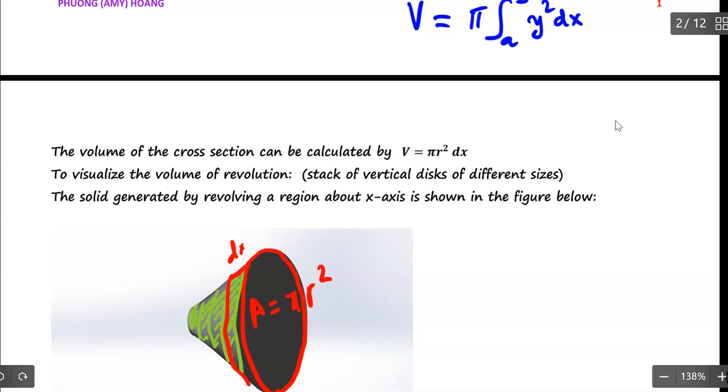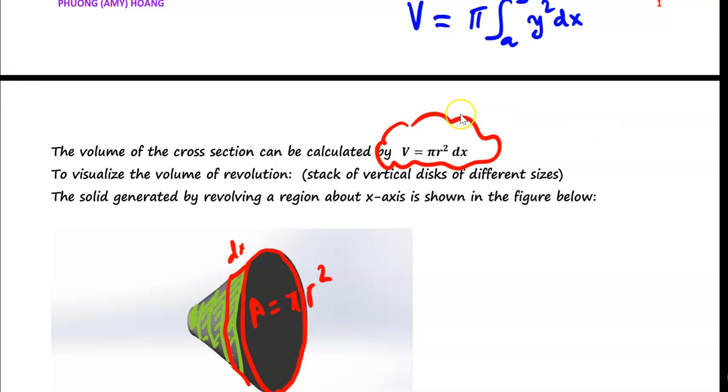So that means you are going to get volume as pi r squared times dx. If you visualize this, you are going to stack these vertical disks of different sizes, and this solid is generated by revolving the region about the x-axis, as shown here.